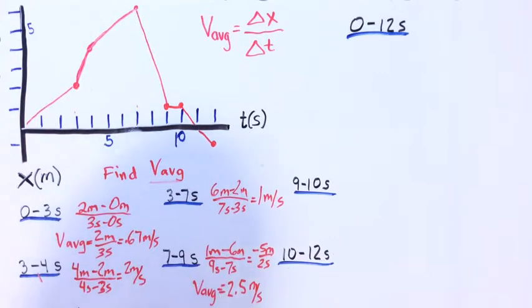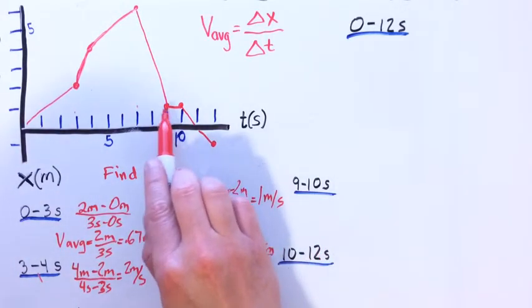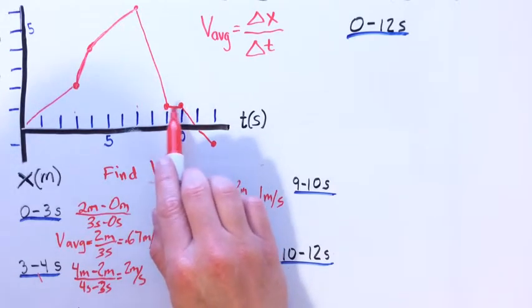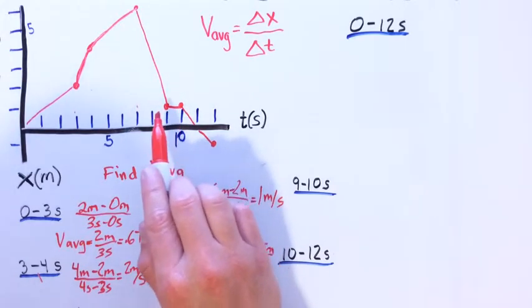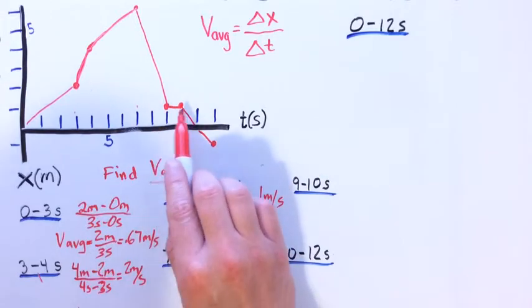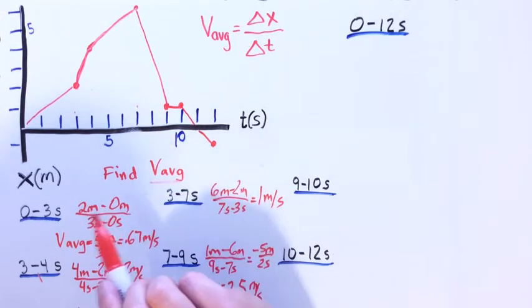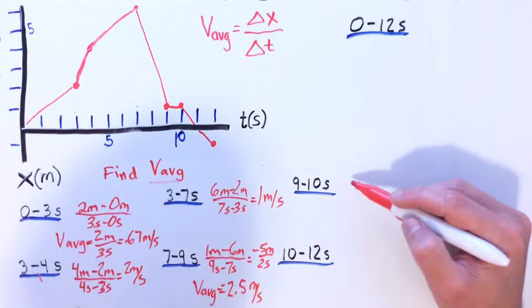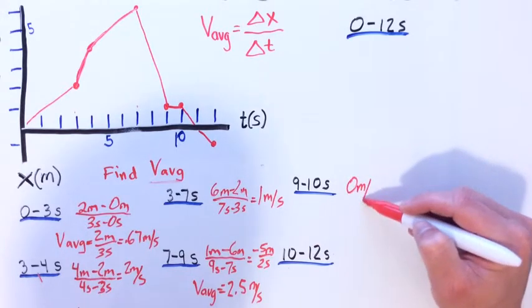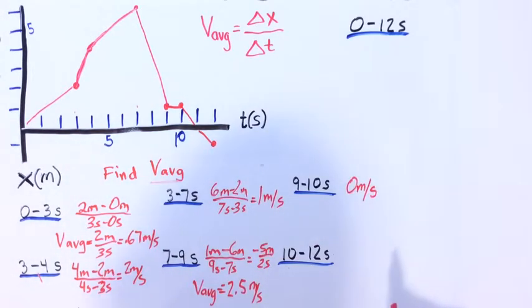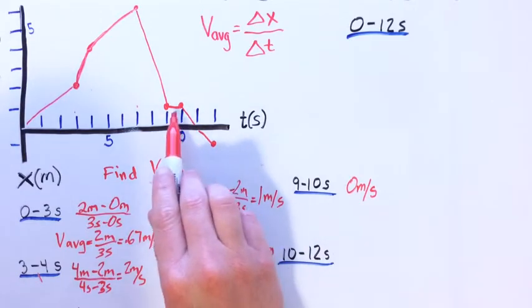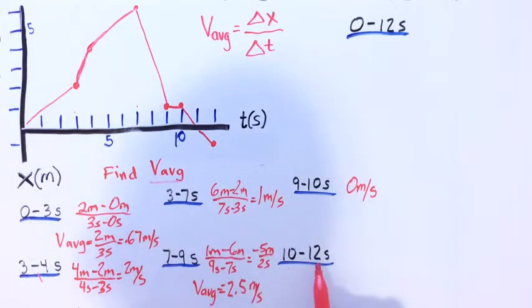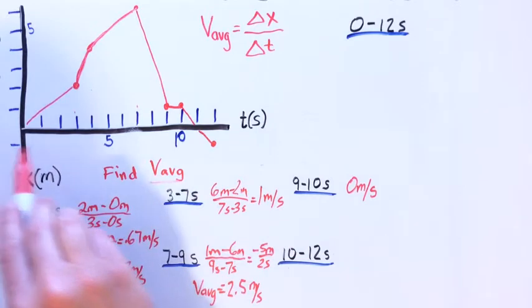sign. Negative. All right, this one here, from 9 to 10 seconds, you see the difference in the displacement is 0, because the displacement is 1 for both of them. And so this one's very easy, 0 meters per second. All right, from 10 to 12. At 12 seconds, we are at minus 1 meter.